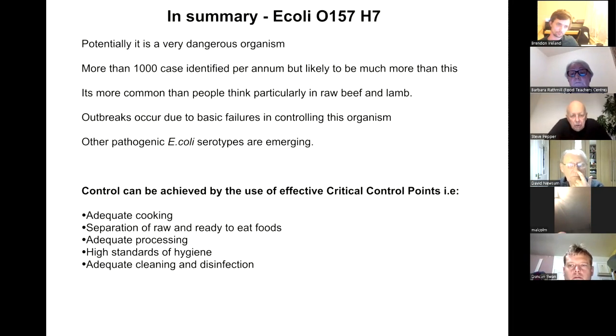Outbreaks occur due to basic failures in controlling this organism, and other pathogenic serotypes are emerging. So control can be achieved by the following effective critical control points: adequate cooking, separation of raw and ready-to-eat foods, adequate processing, high standards of hygiene, and adequate cleaning and disinfection.